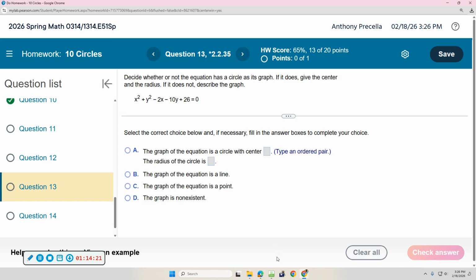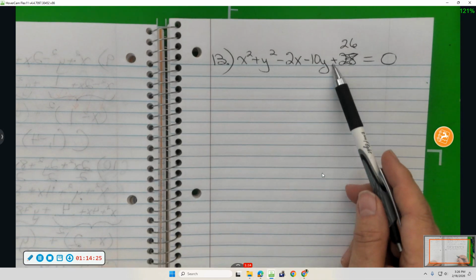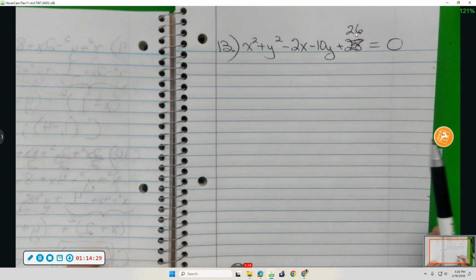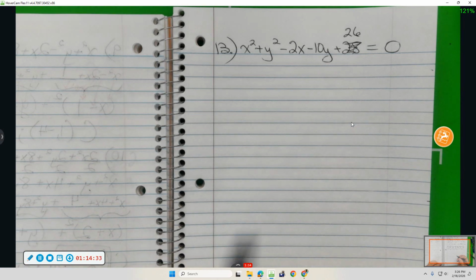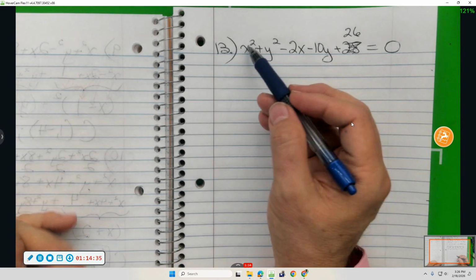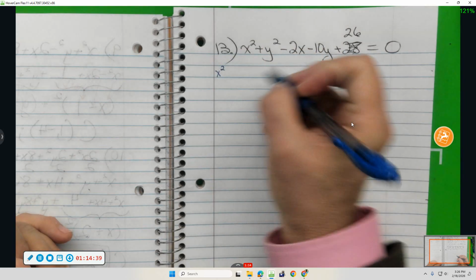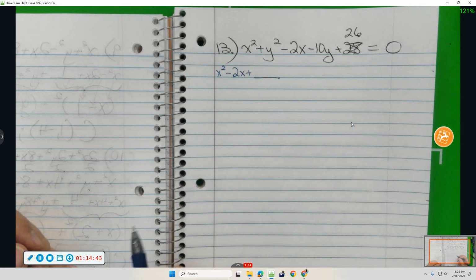And switch to my paper. I accidentally wrote a plus 28 and corrected it to a plus 26. We group our x terms together. We have an x squared minus 2x plus, skip some space.